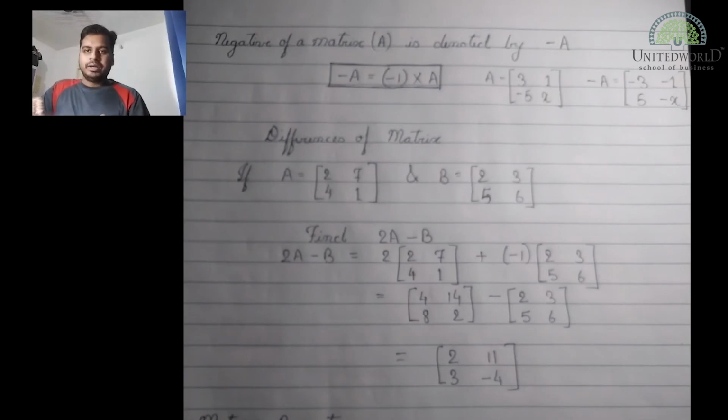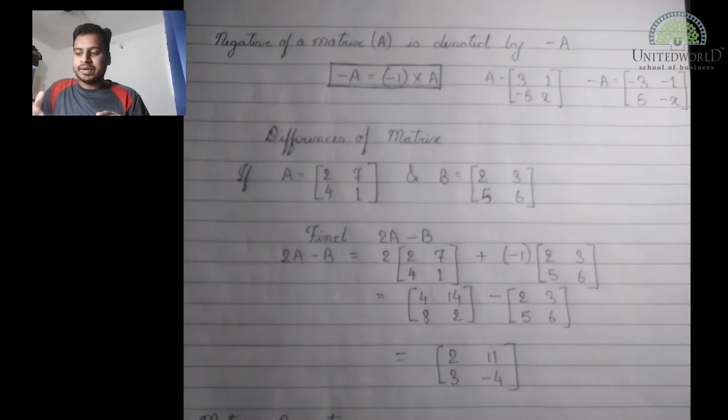If we are told to find the negative of a matrix, what does the negative of a matrix A mean? It means minus A. Just like the negative of the number 5 is minus 5, the negative of a matrix A is minus A. And similar to numbers, minus 5 is basically minus 1 into plus 5. So minus A is also basically minus 1 into matrix A. If you multiply the scalar number minus 1 to any matrix, you get the negative of that matrix. For example, take a 2 by 2 matrix 3, 1, -5 and x.